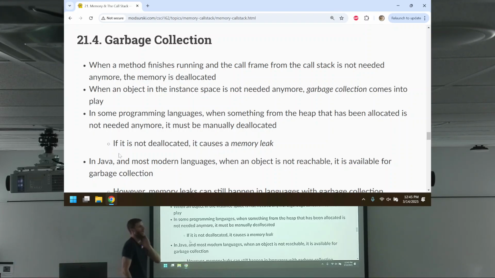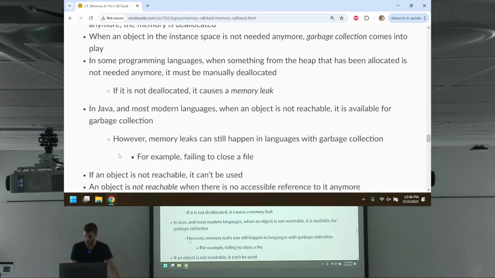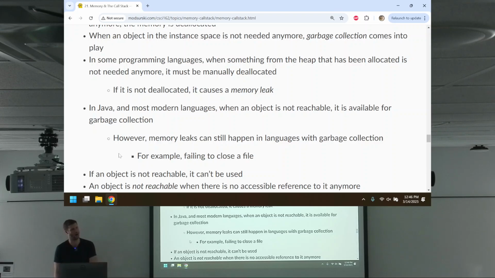In some programming languages, if you allocate RAM, you need to explicitly deallocate RAM. But in a lot of modern languages, like Java, this is done for us automatically. Java will determine if an object is not reachable anymore, meaning there's no reference through which I can ultimately get to this thing, so it's as good as gone.